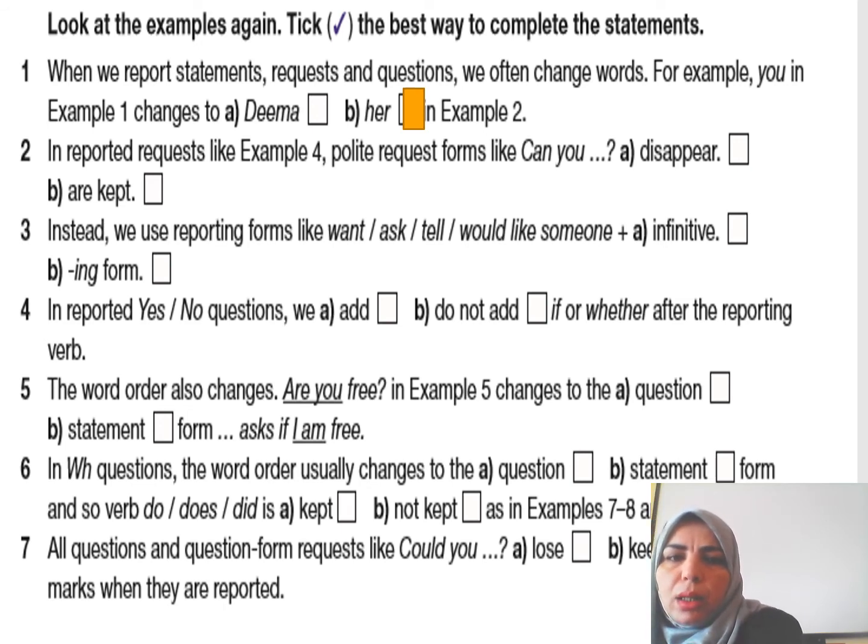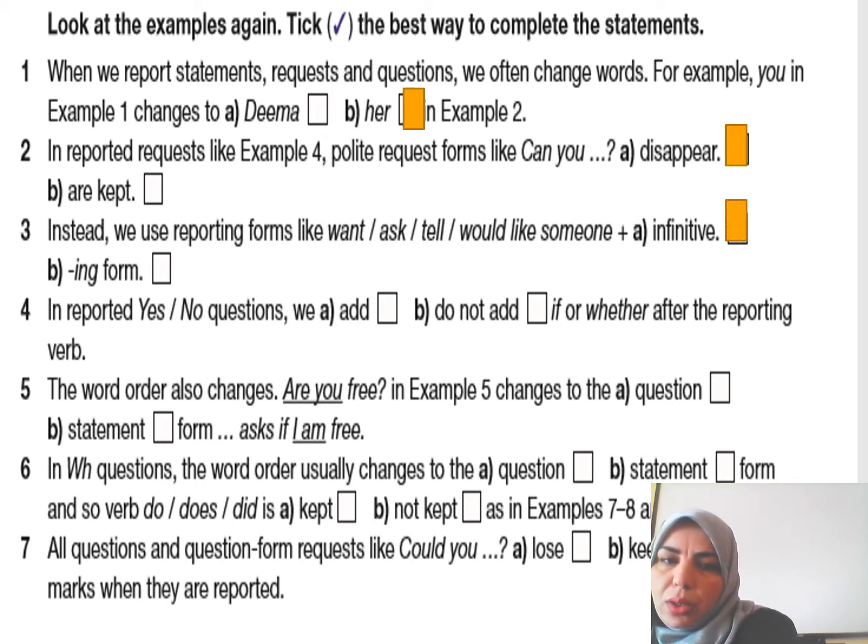Polite request forms like can you or could you disappear. Yes, we delete can or could. Number 3. Instead we use reporting forms like want, ask, tell, would like someone, followed by an infinitive or ing form. The answer is yes.